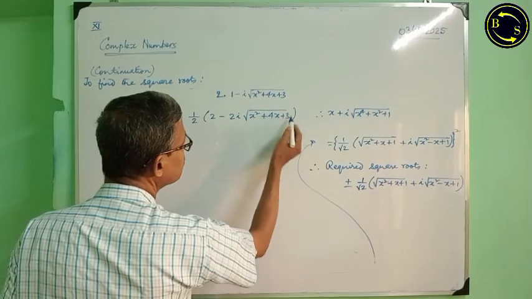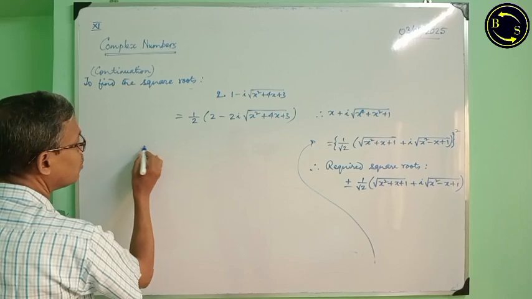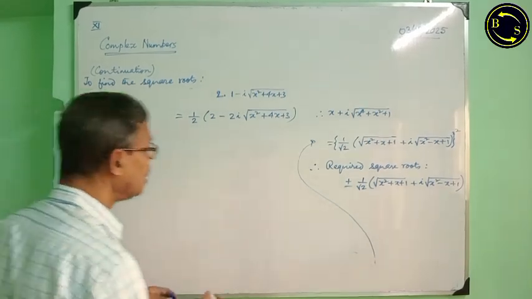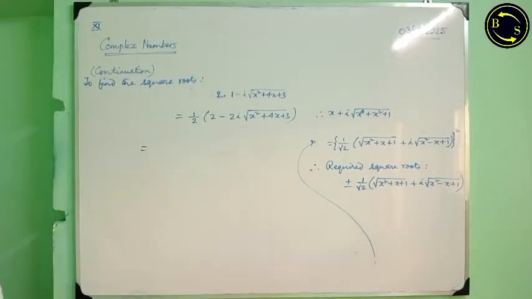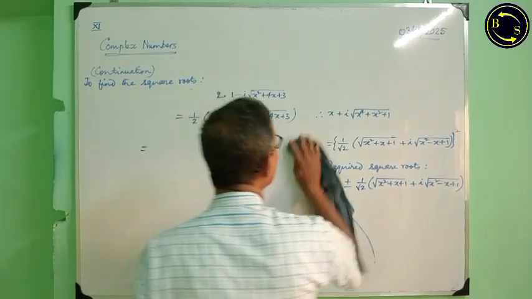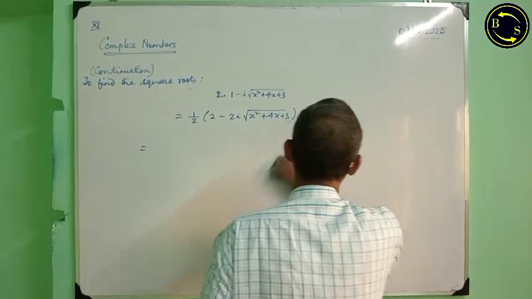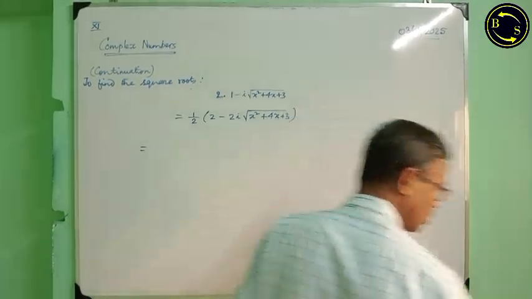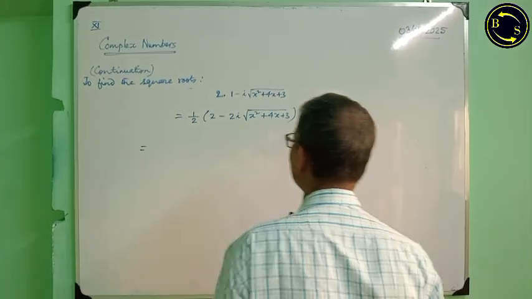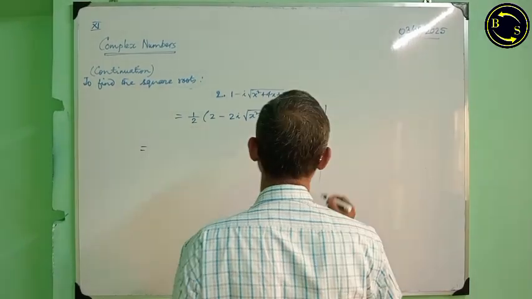Then this expression is to be resolved. That can be done easily. You can use the rough space. On the rough space, you show the factorization.